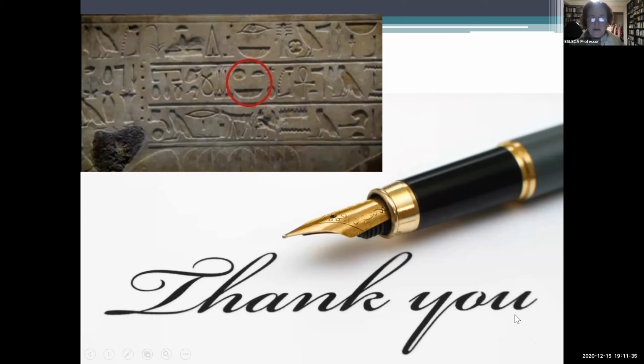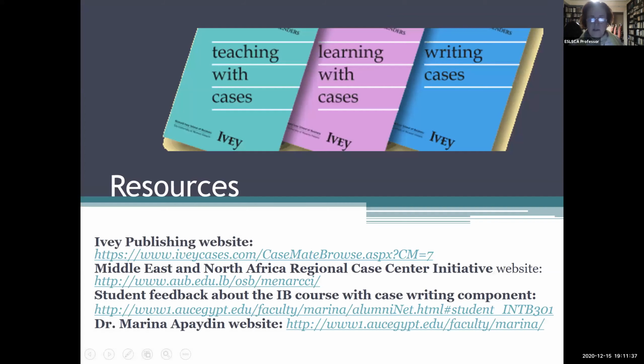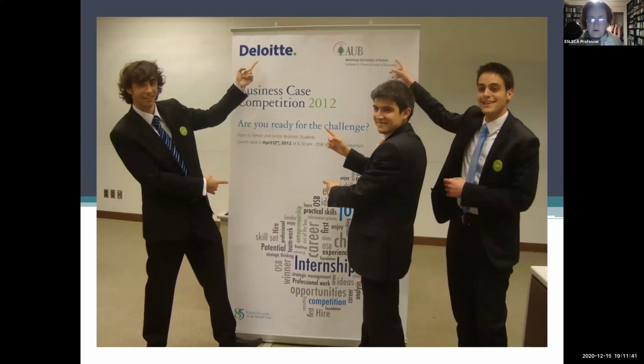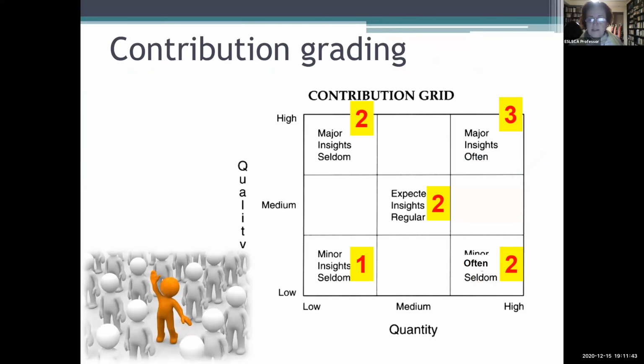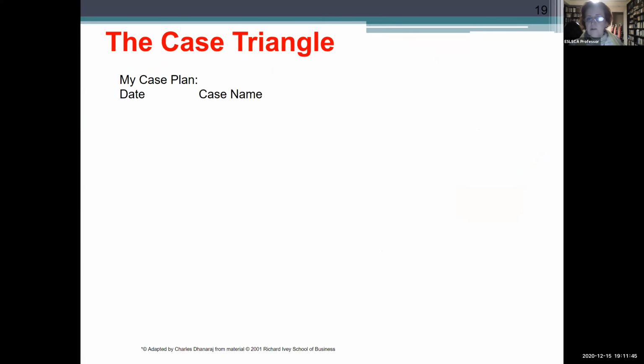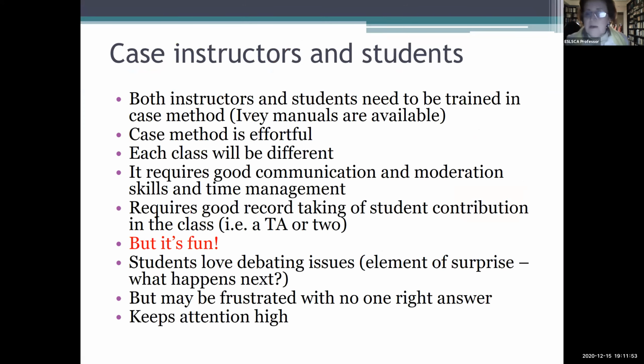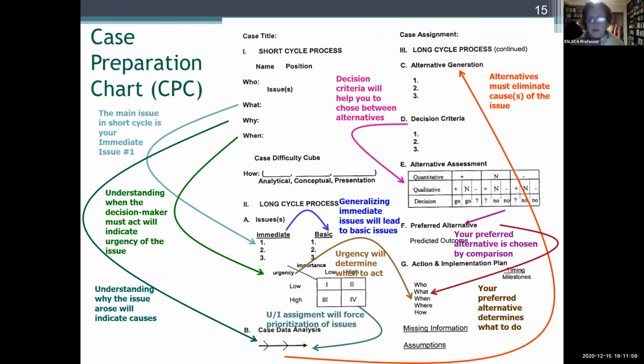When we evaluate the case analysis, that's an excellent question, because actually I didn't talk about it. The case analysis is not evaluated based on class contribution. Class contribution is a different story. When you evaluate case analysis, I use this case preparation chart. Each part of the chart should be done correctly, and it should be complete.